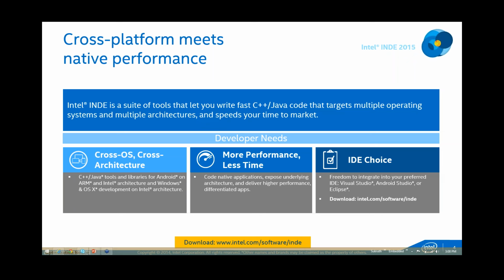We thought that the performance has to be gained within no time. So we thought, let's also give some tools which can help them develop their native applications faster by utilizing technologies like OpenCL or OpenCV, and the various libraries that we are going to discuss in another couple of minutes.